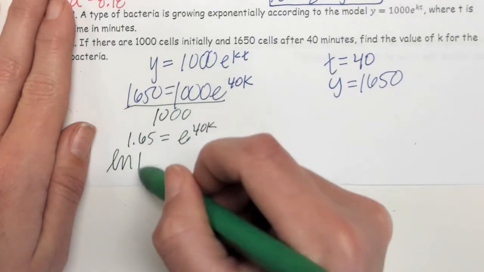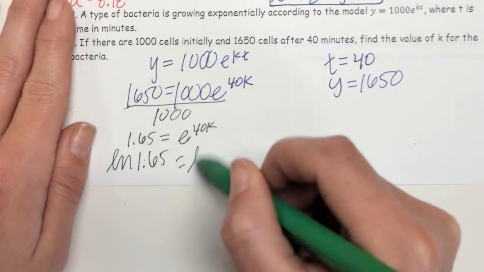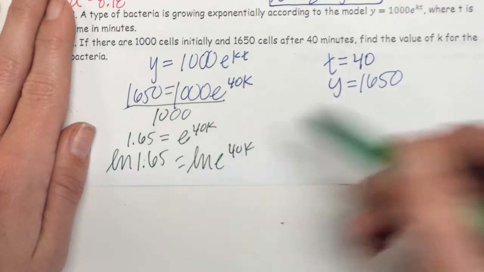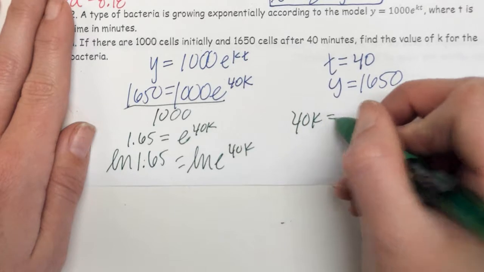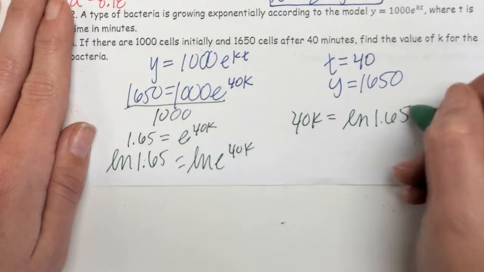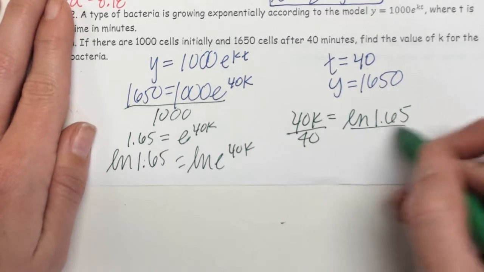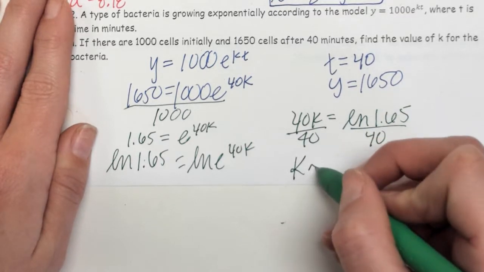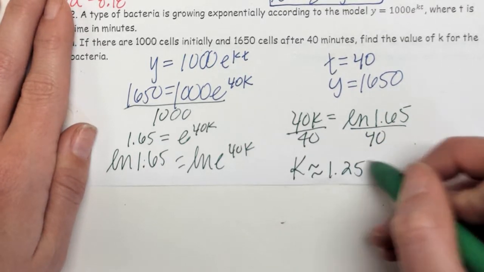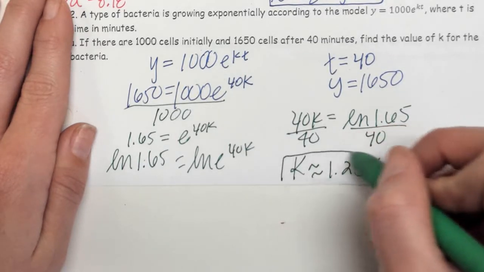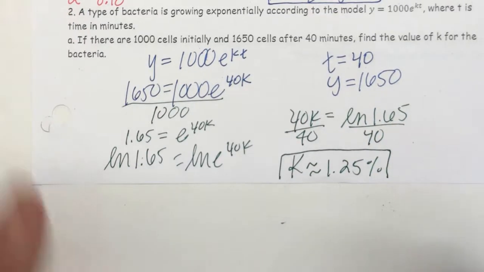Multiply, yes, both sides by ln. That would give me 40k equals ln 1.65. And then after I find this, I would divide by what? 40. What y'all get for final answer? Very good. 1.25%. Any questions?